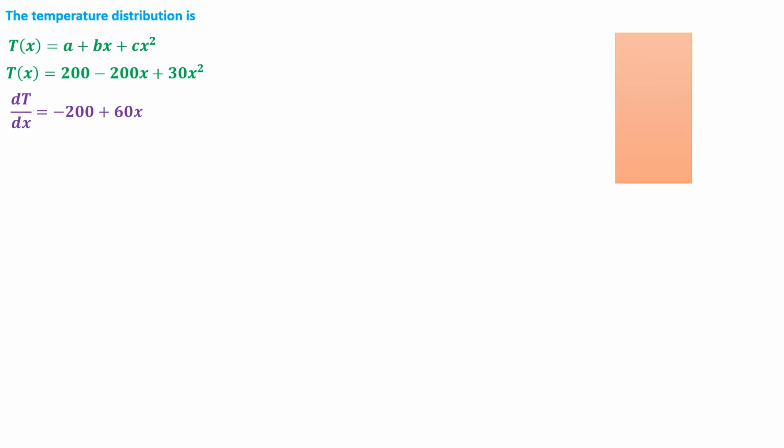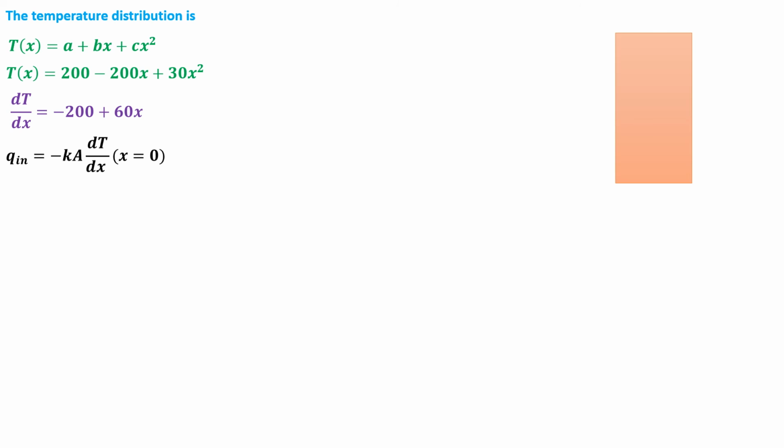Take the derivative of t with respect to x, and it comes out to be minus 200 plus 60x. For Q in, which is equal to minus K A dT over dx at x is equal to 0, substitute the value of K equal to 1, A equal to 1, and dT over dx at x equal to 0.